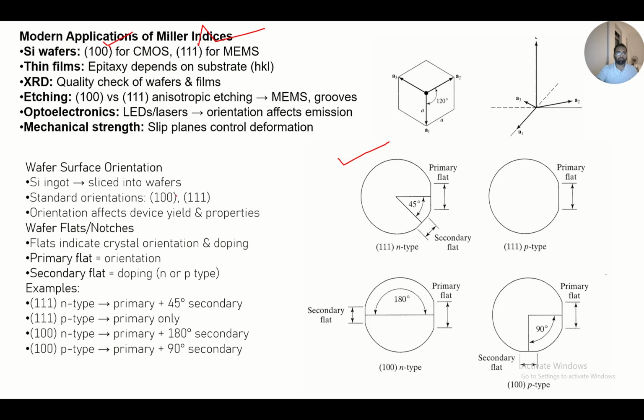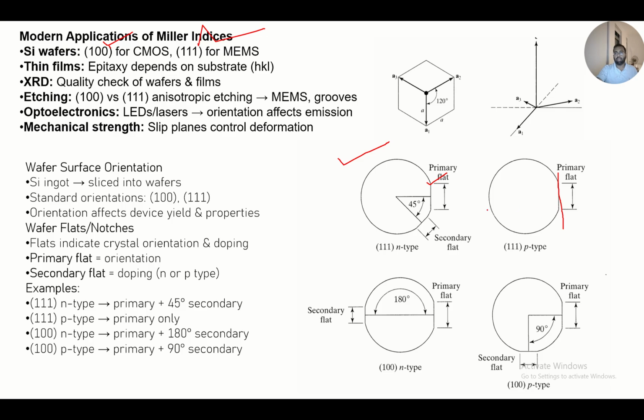So if you have two flat surfaces, one primary, or if it has only one flat surface, the wafer is kind of circular, and then there is a cut. This kind of cut is called a primary flat.